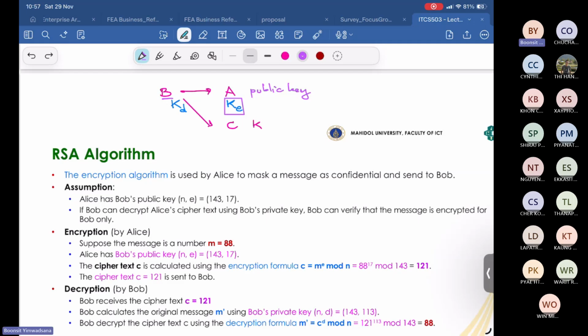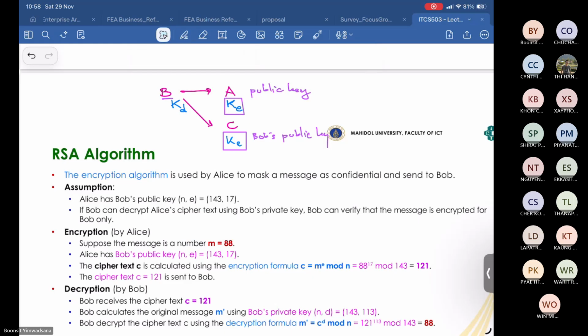This is another key. This is also Bob's public key. What I want to demonstrate here is that anyone in this world can have Bob's public key, but no one would know about Bob's private key.